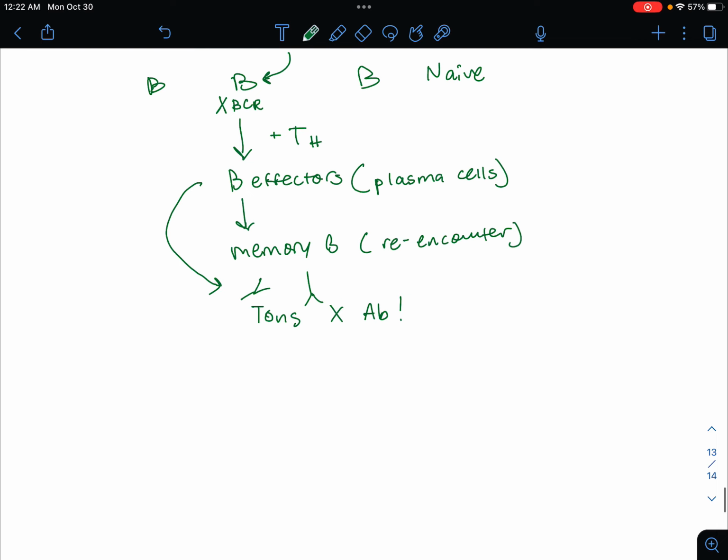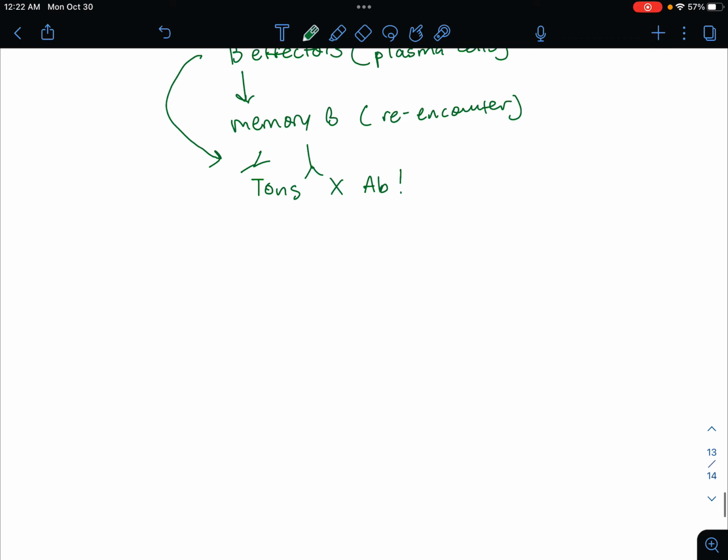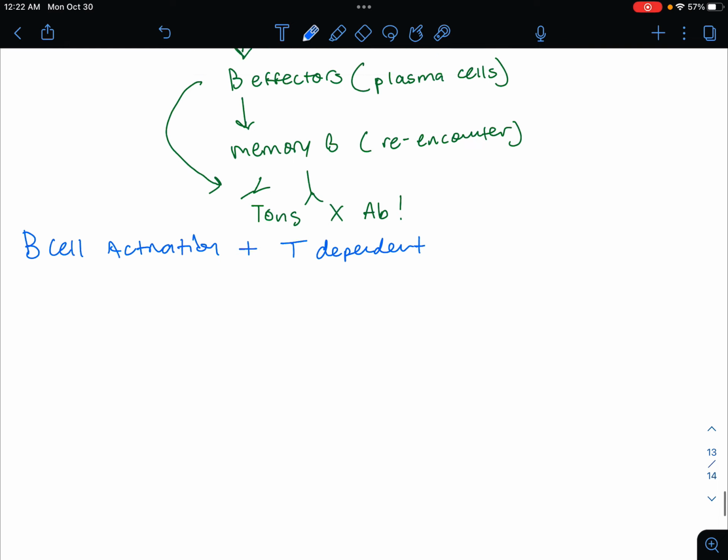Okay, so B cell activation and T-dependent antigens. So again, we're going to get back here and roll back again. B cell activation plus the T-dependent antigen. So that was like a generalization.